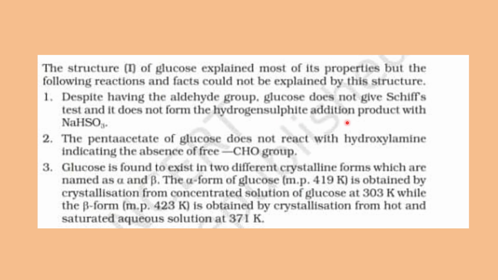Moreover, it does not form an addition product with hydrogen bisulfite. Next, the pentaacetate of glucose does not react with hydroxylamine irrespective of the CHO group present there. And the third point is that glucose is found in two forms: alpha glucose and beta glucose. So these points help us understand that glucose does not exist in a straight chain structure.